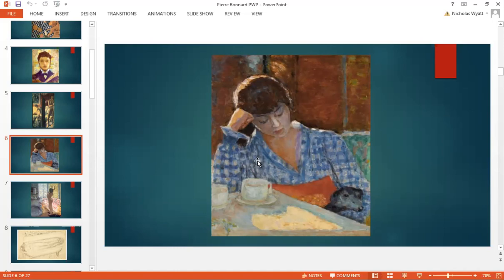So in effect, he's dividing the canvas between warm colors at the top and cooler pastel-y tones at the bottom. And he's obviously very interested in the effects of light.